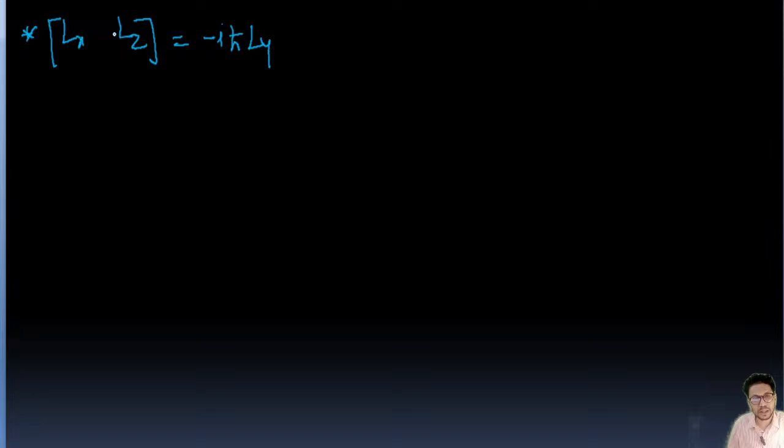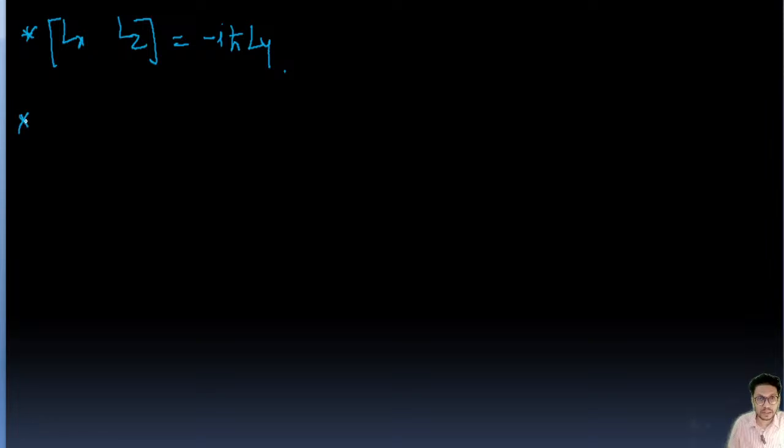So we have three: Lx, Ly, Lz. If Lx and Lz are here, then the remaining one will be here. And if it is in cyclic order, then it will be plus i h-cut. If it isn't in cyclic order, then the minus sign will be there.